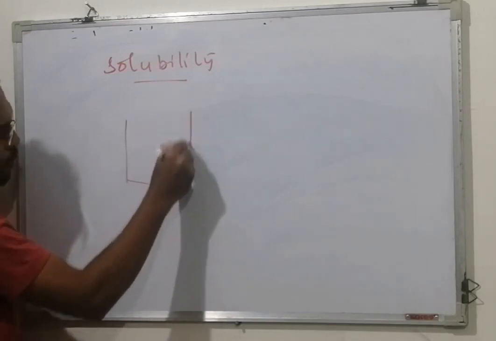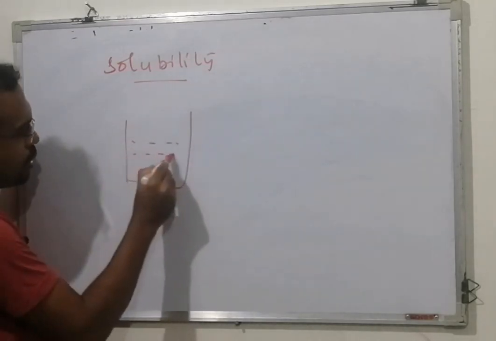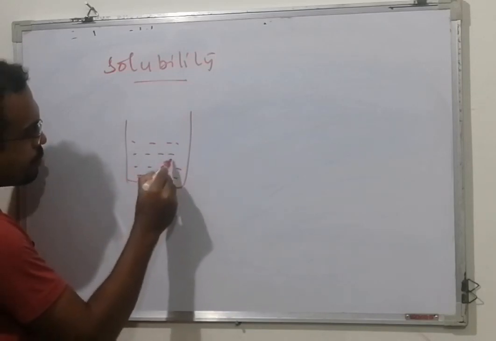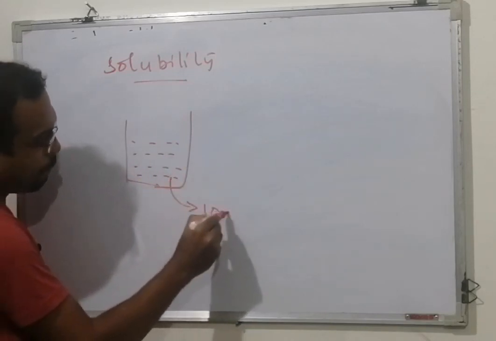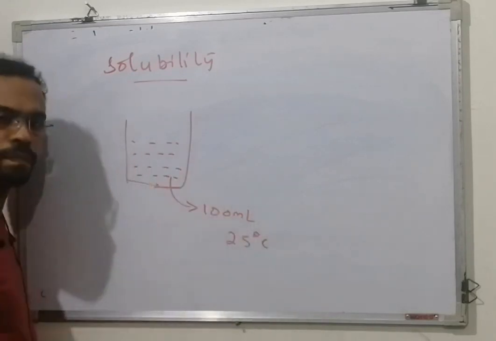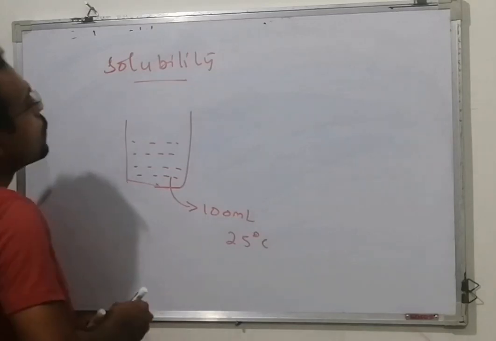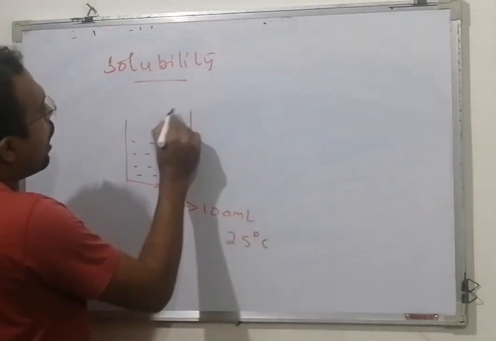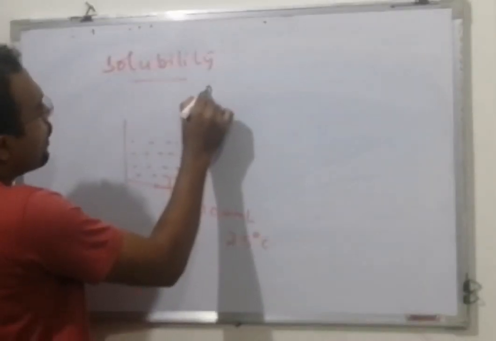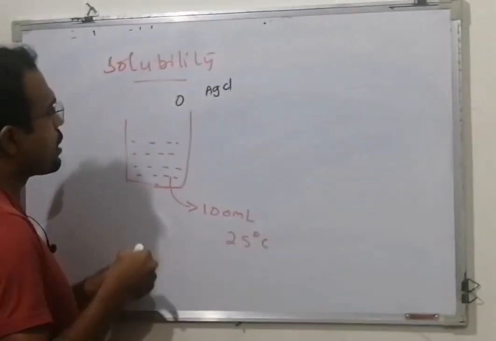Imagine you have a container with water, 100 ml at 25 degrees centigrade. Now, you keep on adding AgCl. Suppose AgCl like this.